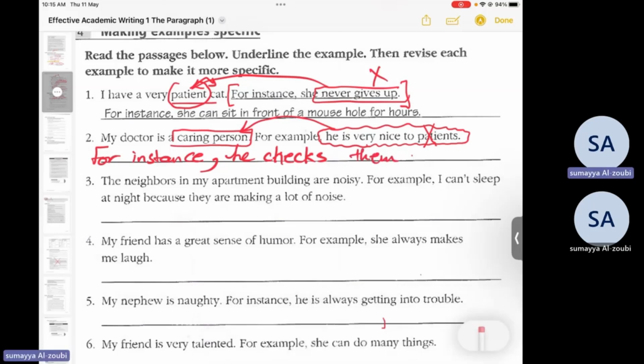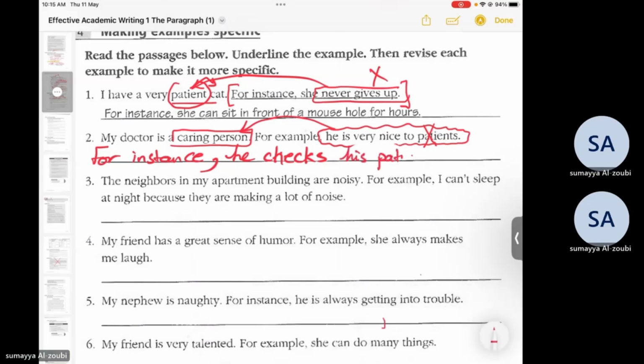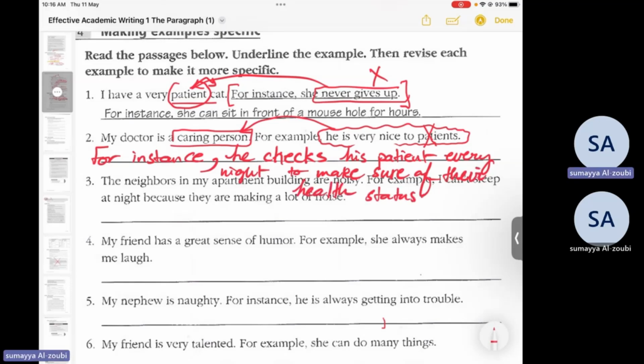He checks his patients every night. Thank you. To make sure of their health status. Good. Do you accept that? Yes, exactly. Well done. Yes, this is a good detailed example.